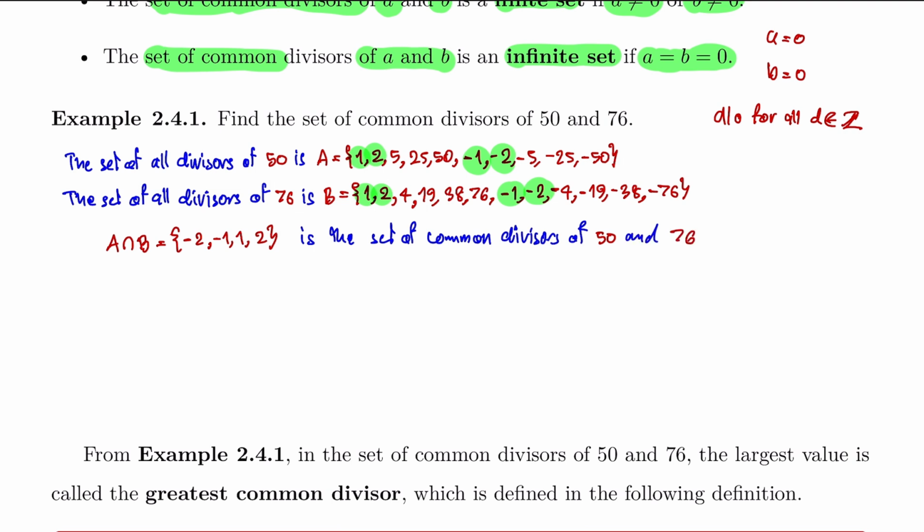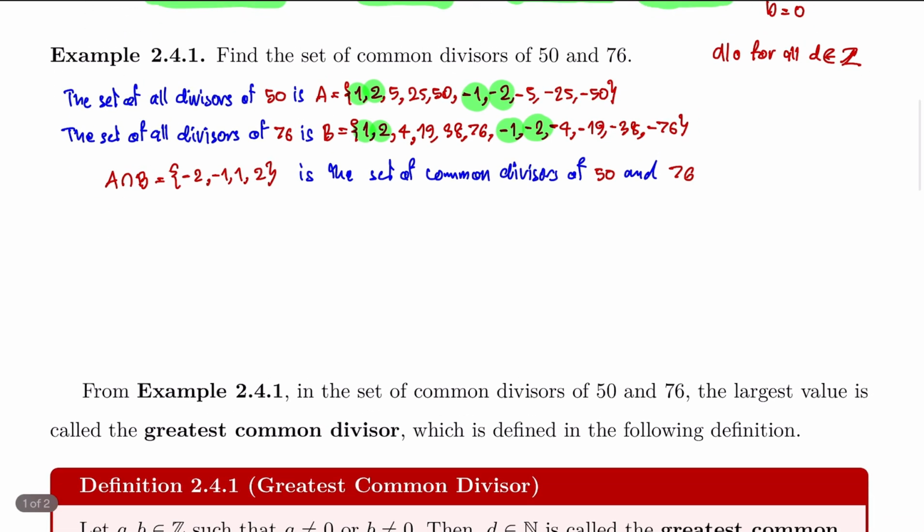Okay, and then from this example, if you take a look at the set of common divisors of 50 and 76, the largest value is 2. I will call it max of A intersect B, which is 2.